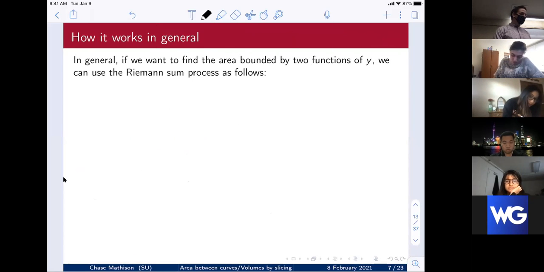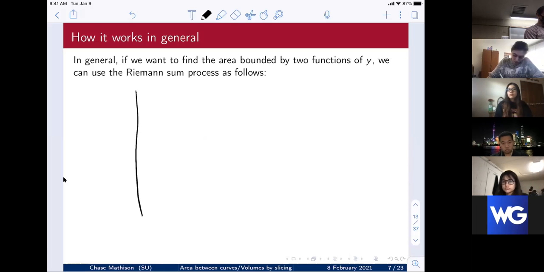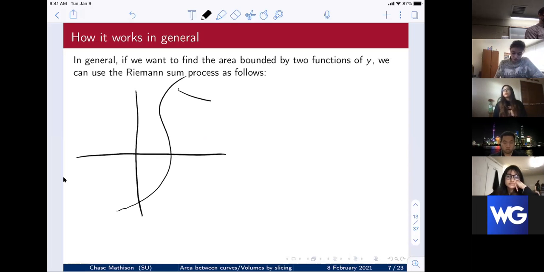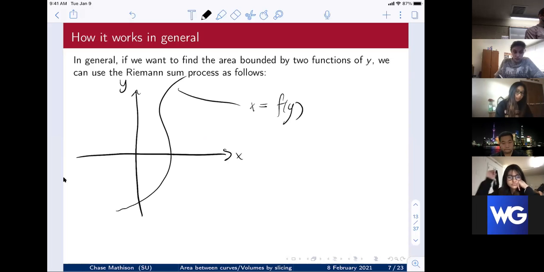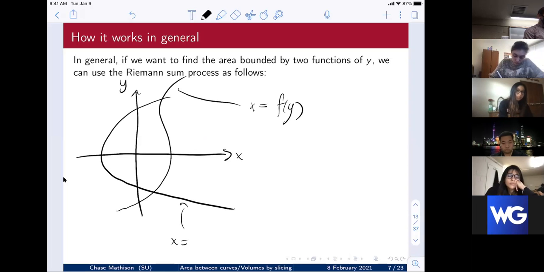All right. So in general, if we want to find the area bounded by two functions of y, we can use the Riemann sum process that we used before. So let's look at just the general region bounded on the right by x equals f of y, and bounded on the left by x equals g of y.